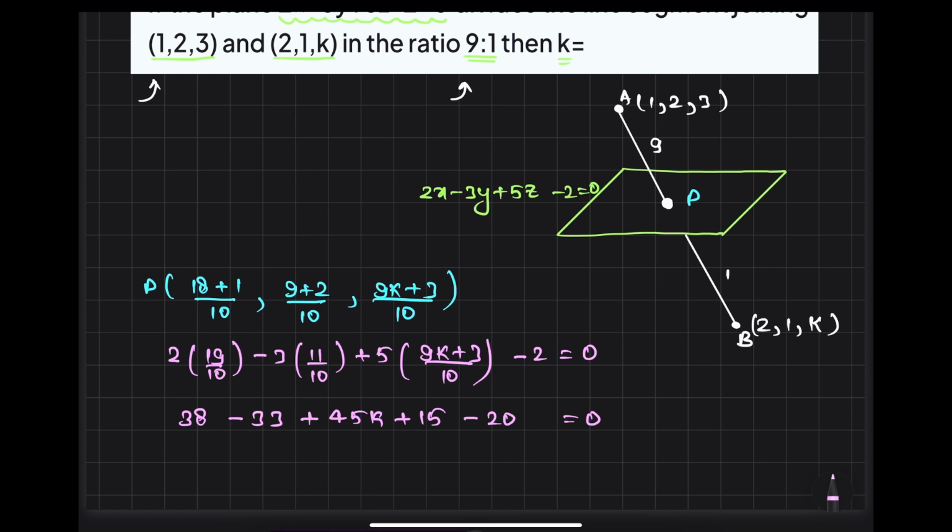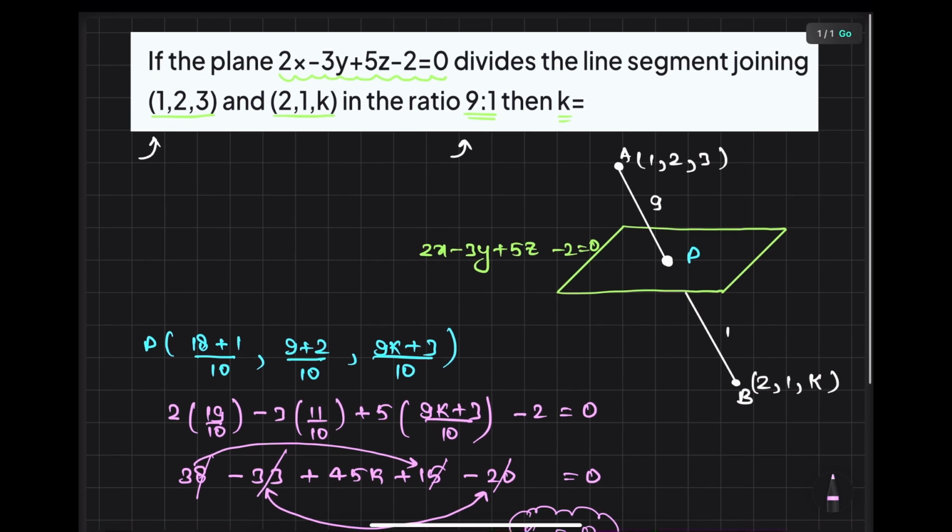If you simplify, adding these terms gives 53, and the other terms give minus 53, so this thing will be neutralized. So the value of k will come out to be 0. Therefore, the required value of k is 0.